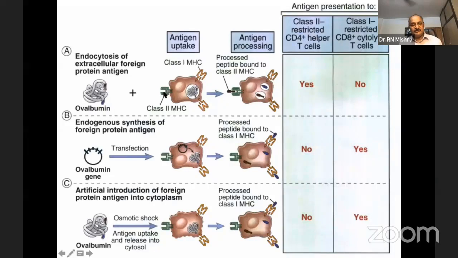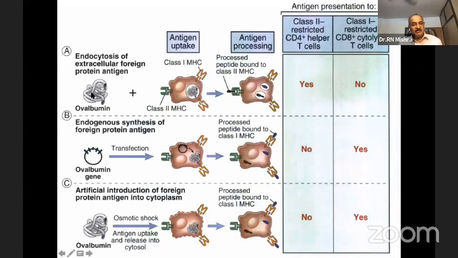It cannot be presented through the class 1 pathway to the CD8 cells. But endogenously, if the antigen is there, like an ovalbumin gene transfected into the cell, then it can be presented by class 1.